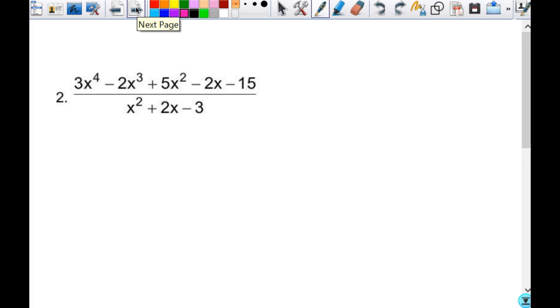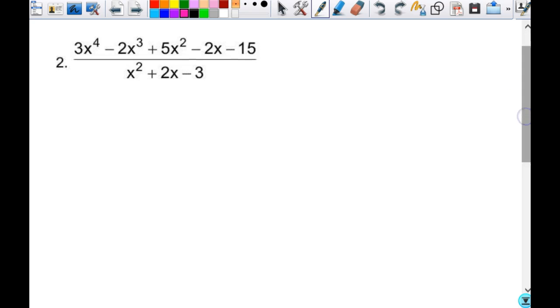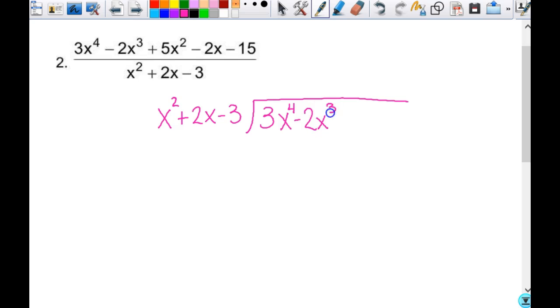Let's see. We'll just do this one together too. So I've got x squared plus 2x minus 3. And this is 3x to the 4th minus 2x cubed plus 5x squared minus 2x minus 15.